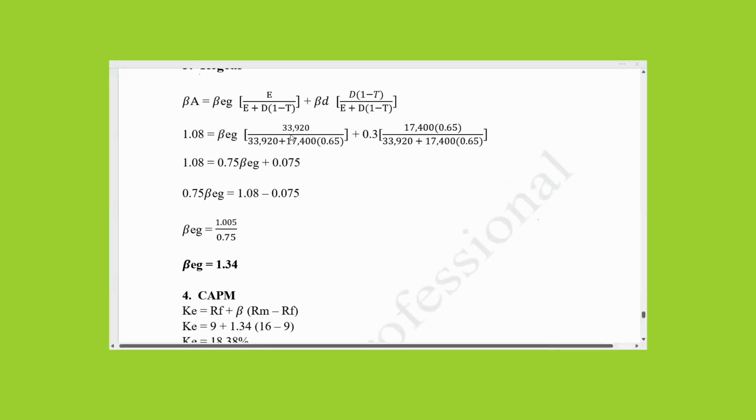You start from the denominator: 33.65 multiplied by 17,400 plus 33,920. Then the 33,920 divided by whatever answer you get will give you the 0.75. It's 0.74 something, then you round it to 2 decimal points. Okay, thank you.